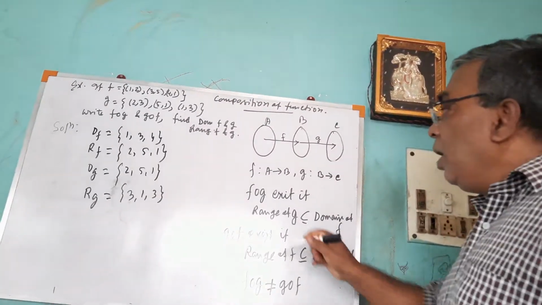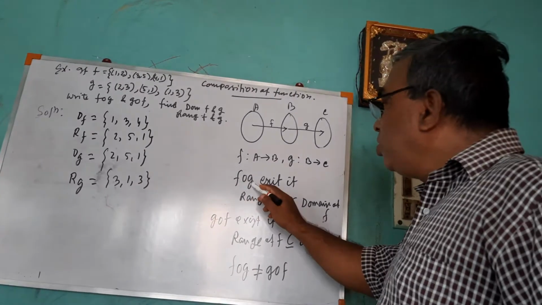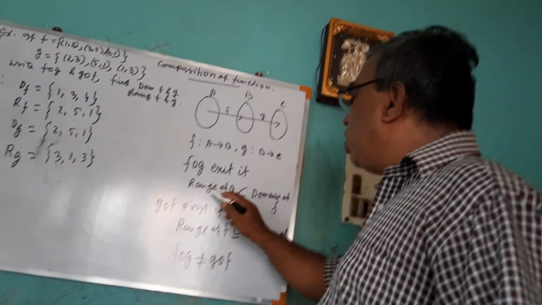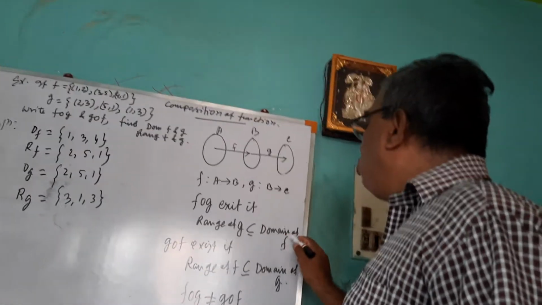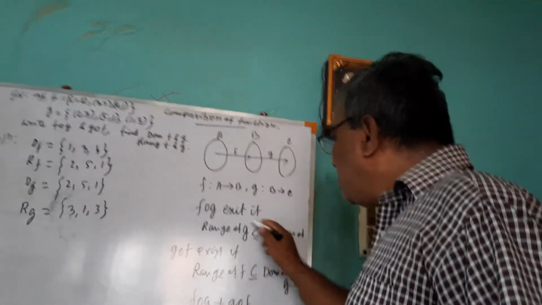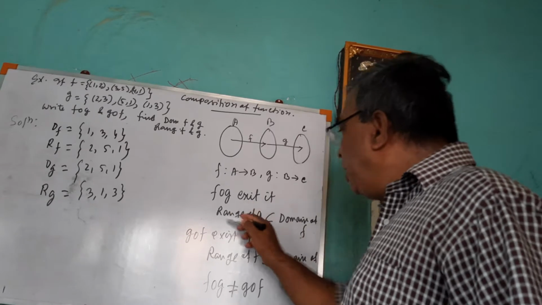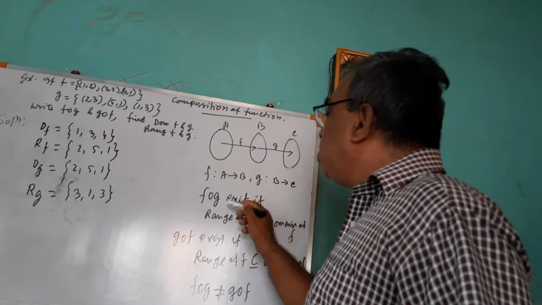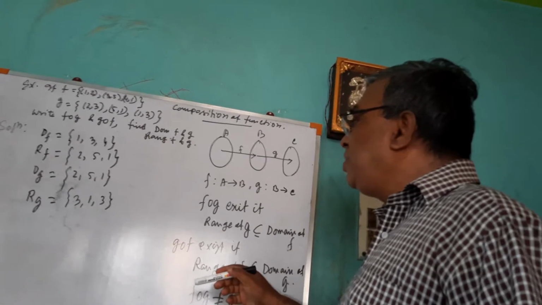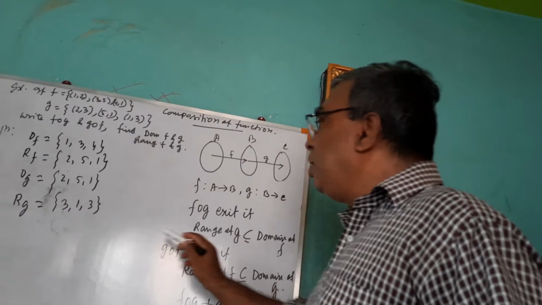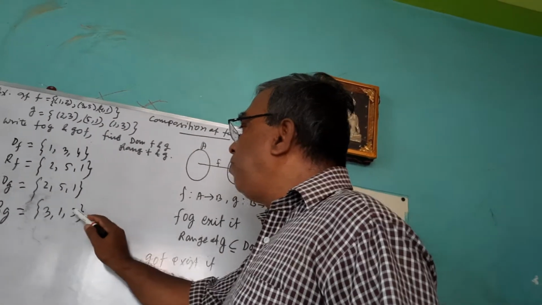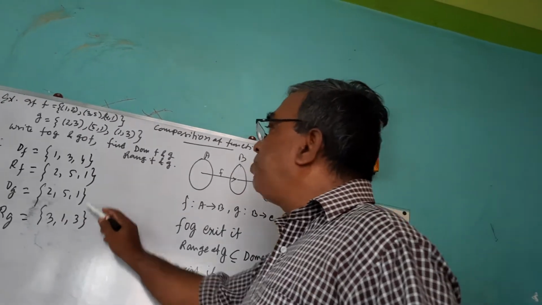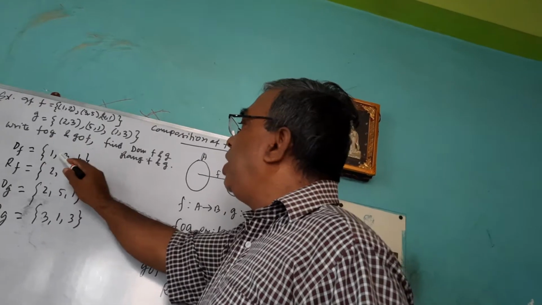What I have written: F O G exists if range of G is a subset of domain of F. Only if this condition is satisfied can we find F O G. Range of G is 3, 1, 3, which is a subset of domain of F, that is 1, 3, 4.